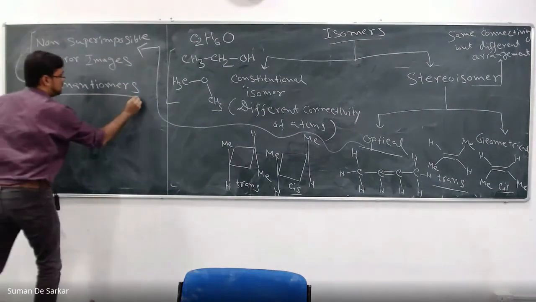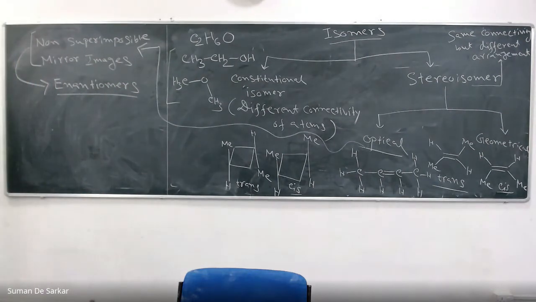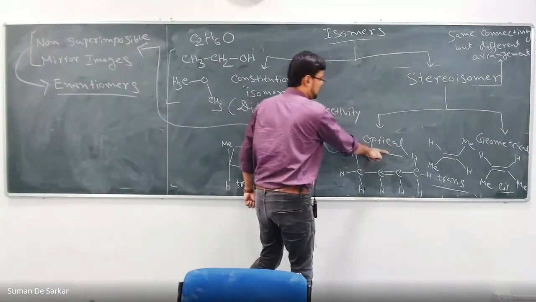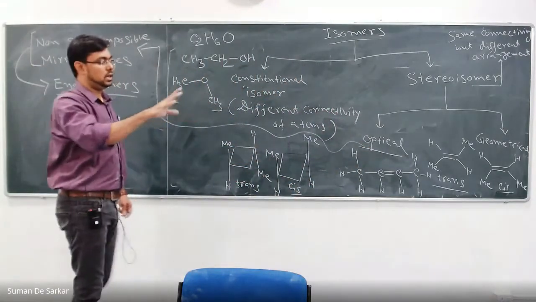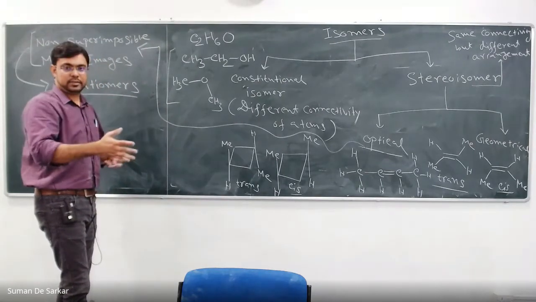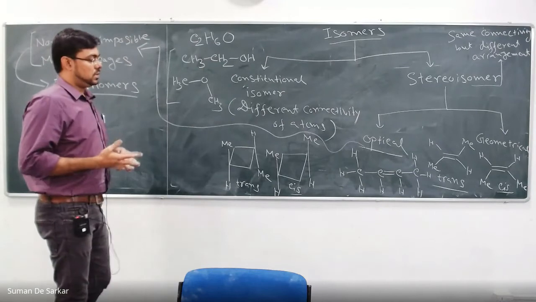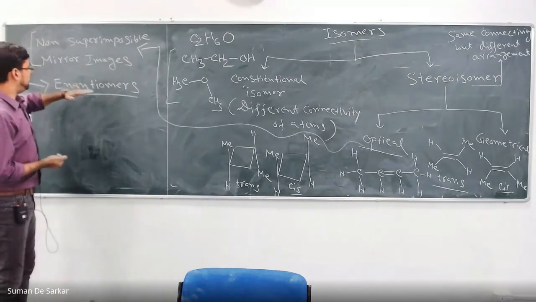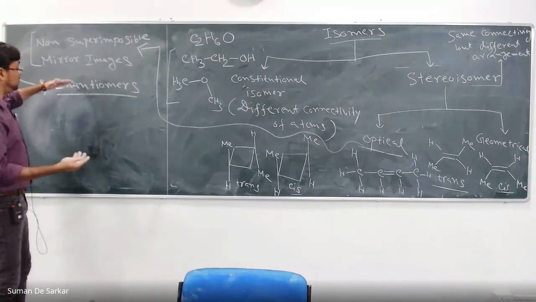So enantiomers are the first division of optical isomers. In geometric isomers, there is no more division; all are this cis-trans kind of thing. But in optical isomers, there are two divisions. One is enantiomer. So what's the criteria to be enantiomers?